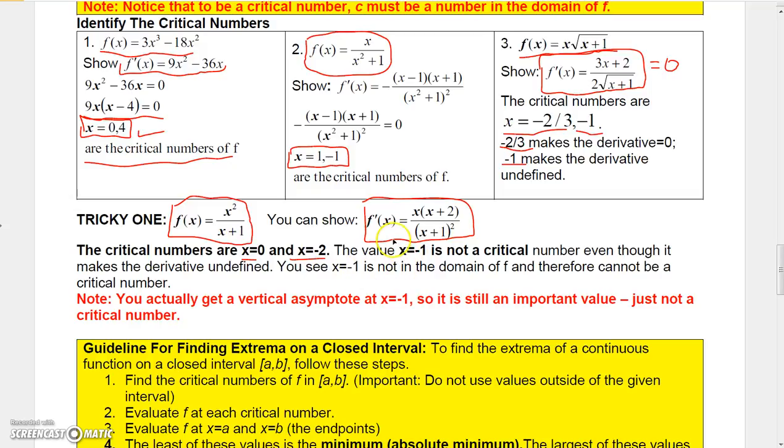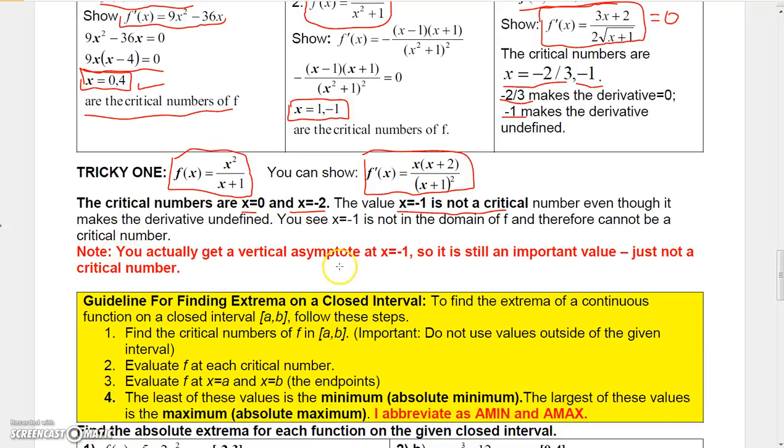But one thing you need to be aware of is that x equal to negative 1 is not a critical number, even though it makes the derivative undefined. The reason is because, remember, I said that to be a critical number, the function has to be defined there. If you go back and look at the function, you'll see the function is not defined at negative 1. So therefore, negative 1 is not a critical number. For this one, the only critical numbers are 0 and negative 2.